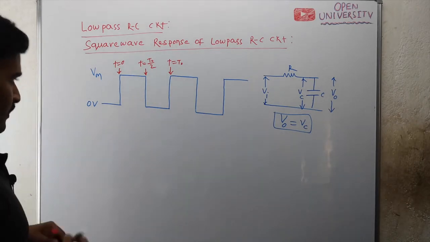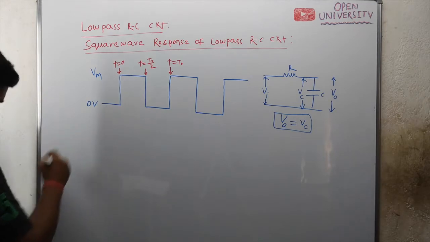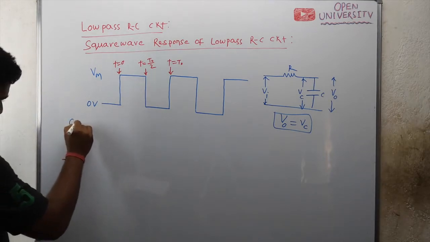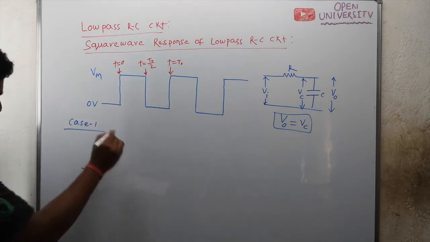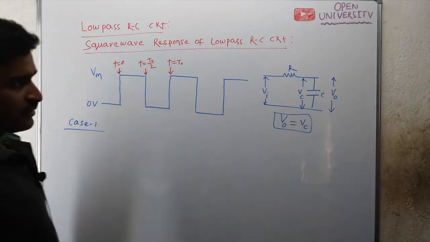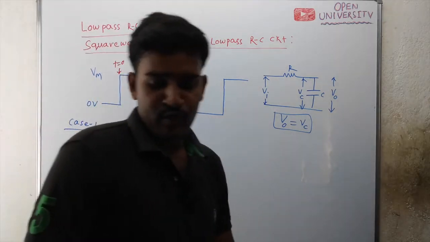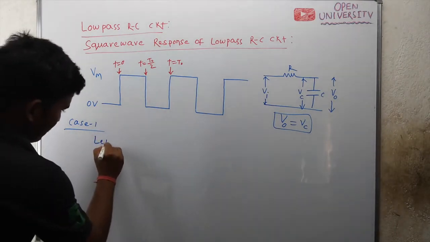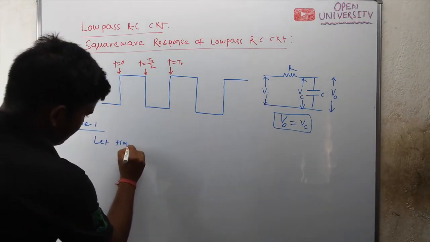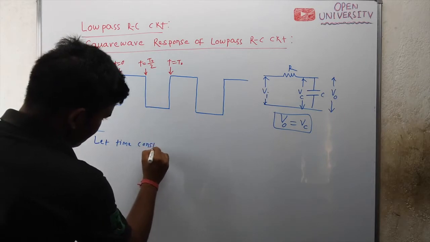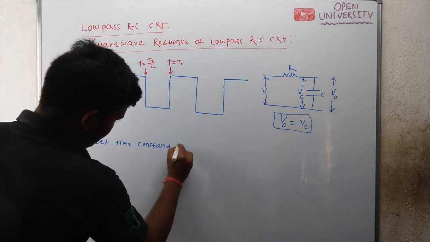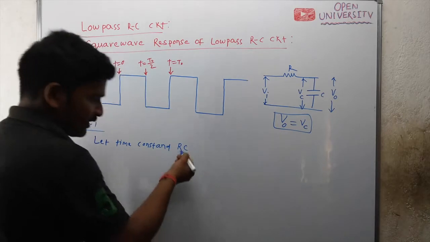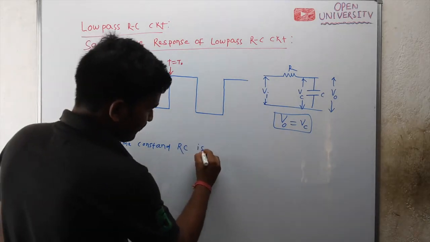Now, in case 1, I will consider the time constant of the circuit, RC, is very small. Let time constant RC, R into C, be very small.